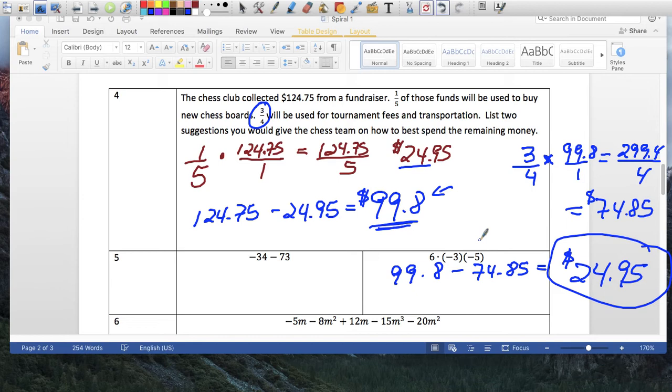I think that would be within their budget of $24.95. Or maybe even a little pizza party. You can get a pie, maybe 2 pies even, and a 2-liter bottle of soda. So that would be my suggestion.